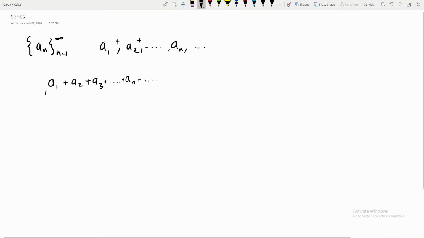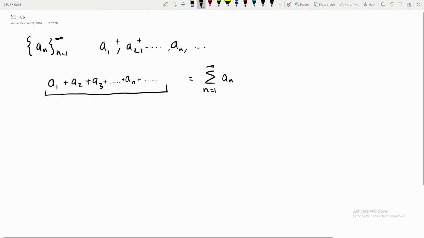Now we have learned about sigma notation previously, and we know how to write this expression using sigma notation, basically compressing it using one mathematical symbol. We can write this as the sum from n equals 1 to infinity of a_n.